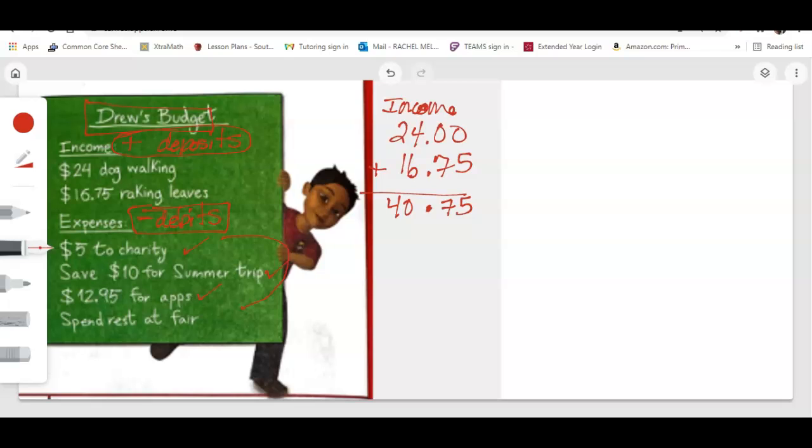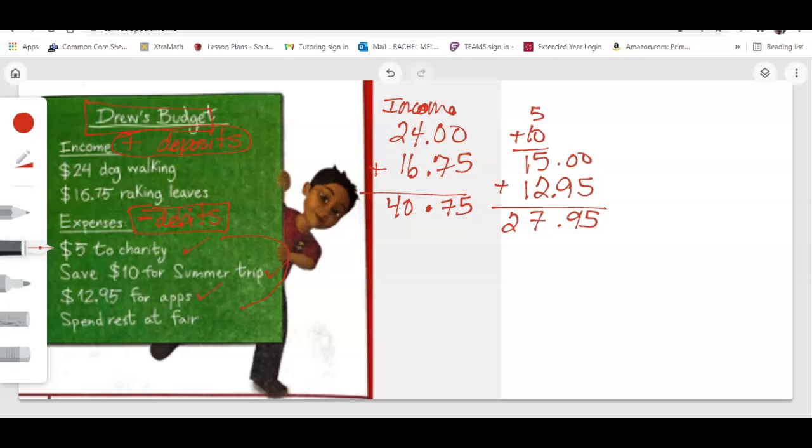It's totally up to you. I personally would rather add these three and then subtract just once. Honestly, most of it I can do in my head, because I know 5 plus 10 is 15, and then I have $12.95 for apps for his phone. So I know that's going to be 95, and then this is 27.